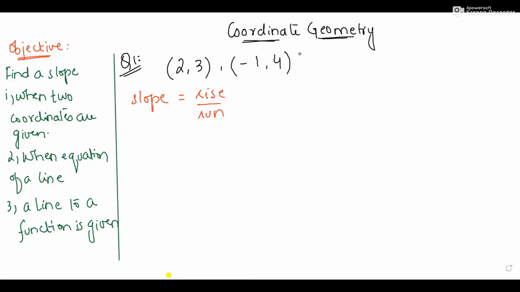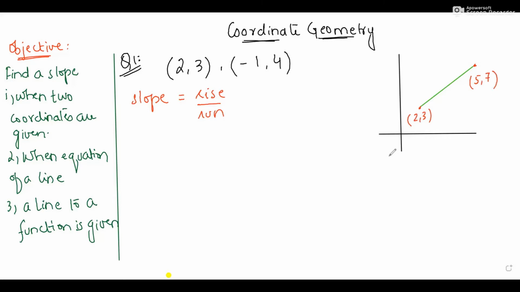So what is basically the rise and what is the run? If we plot the graph like this, and a line which has the two coordinates like (2, 3) and (5, 7).